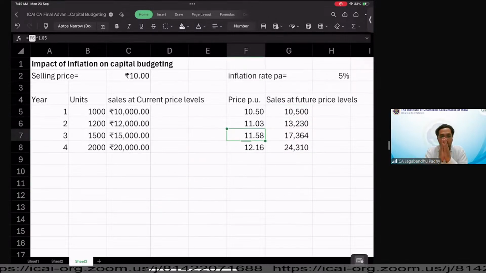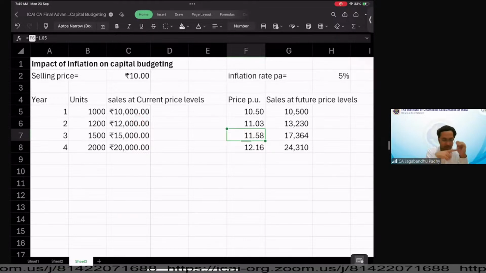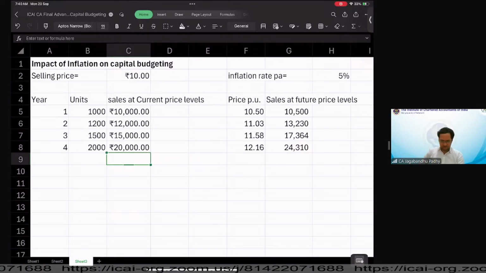Now, what's the difference? The initial cash flows that we had over here, these are the sales at the current price level, that is today's price level. But the other side that we have, these are the sales that are happening at future price levels. Out of these two, let me ask you a question.